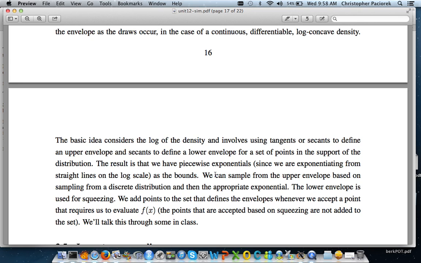And if it's not less than the lower bound, I have to do a little bit more work, and I actually have to evaluate f to see, am I below f but above the lower bound, or am I above f and below, and of course I'll have to be below the upper bound.